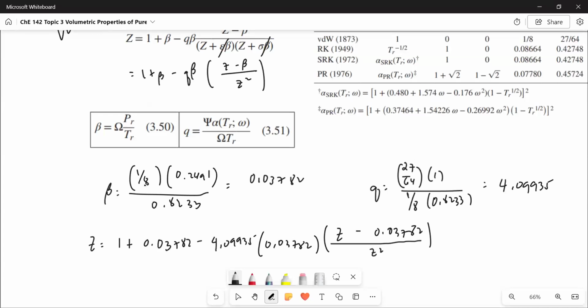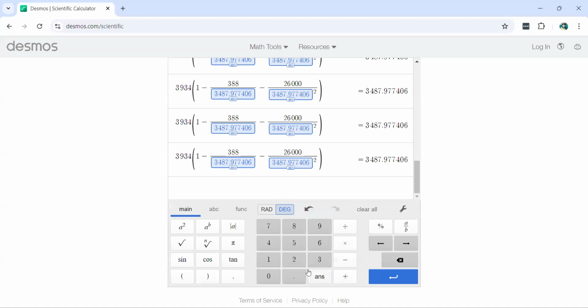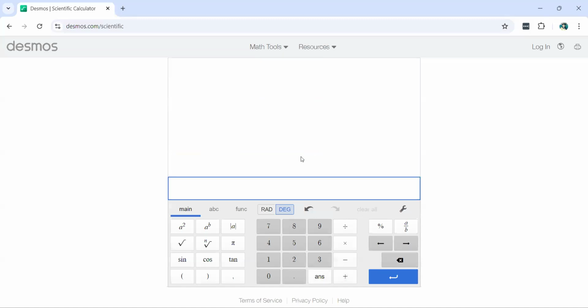So how do we solve this? By iteration. So let me pull up the Desmos online calculator. Clear all. So this is for the vapor. Our initial estimate is 1, so initialize to 1.